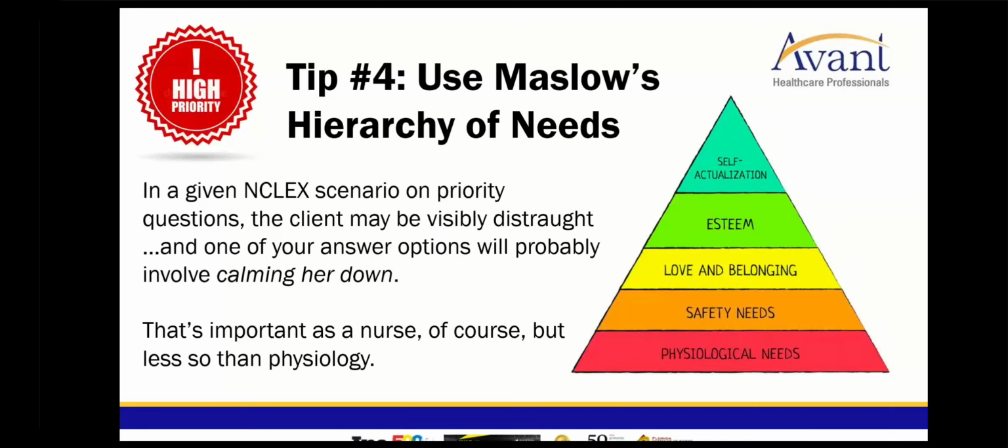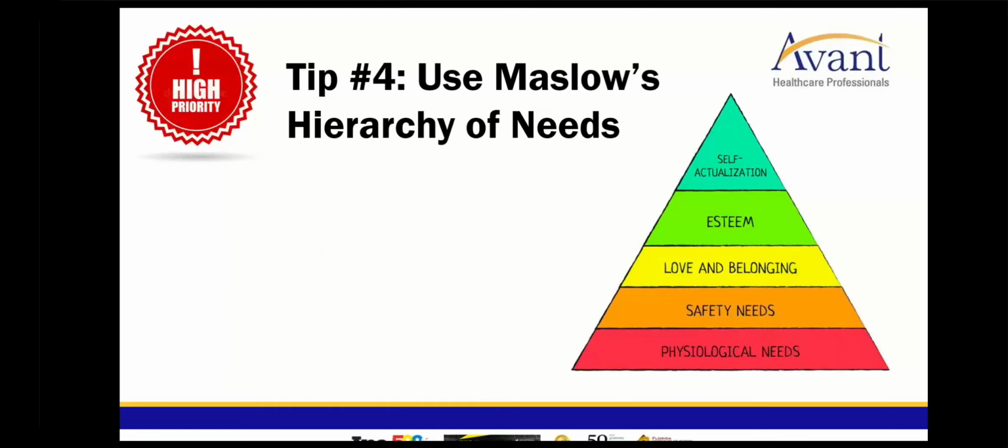If you recall the pyramid of Maslow's hierarchy of needs, it always starts out with the foundation of physical needs. We need to deal with the physiological before we can deal with safety, love and belonging, esteem, and self-actualization. The priority would be first looking at any physiological needs before we can address some of the others.